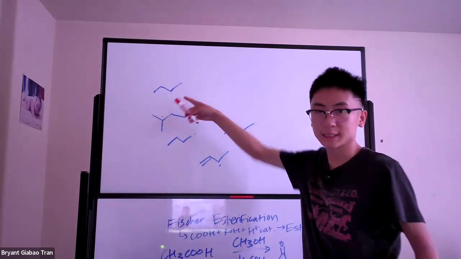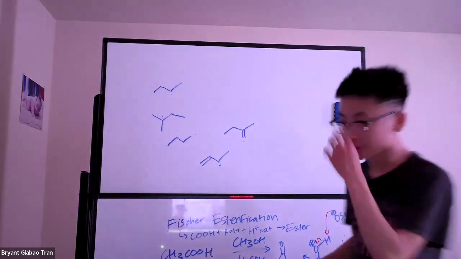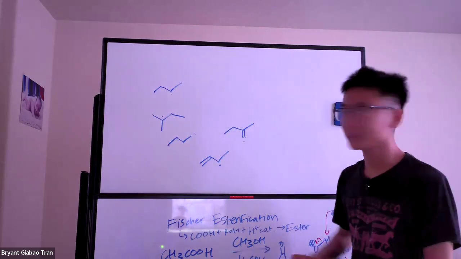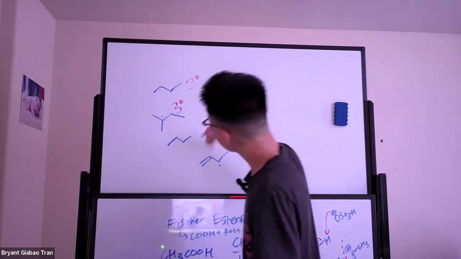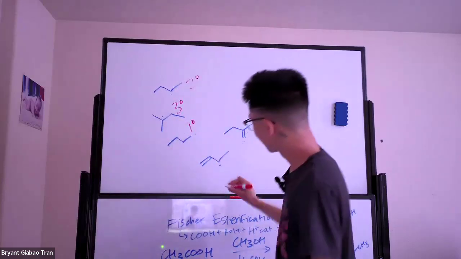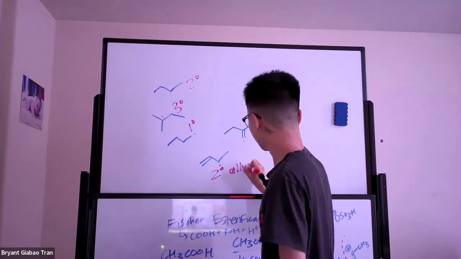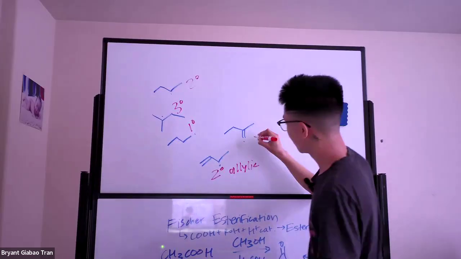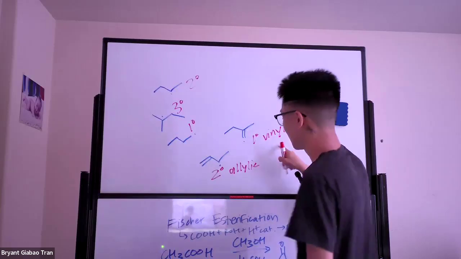What kind of radical is this? Is it methyl, primary, secondary, tertiary, secondary allylic, tertiary allylic? Secondary. How about this one? Tertiary. How about this one? Primary. This one? Secondary allylic. And this one would be primary vinylic.